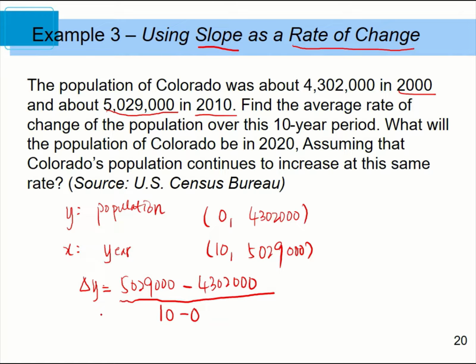So we can proceed with our calculation here to find the average growth of the population. After we complete this calculation, it's approximately 72,700 people per year.